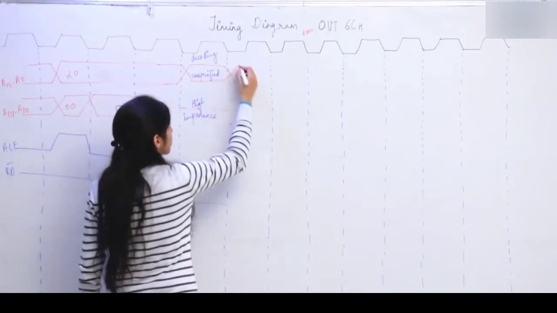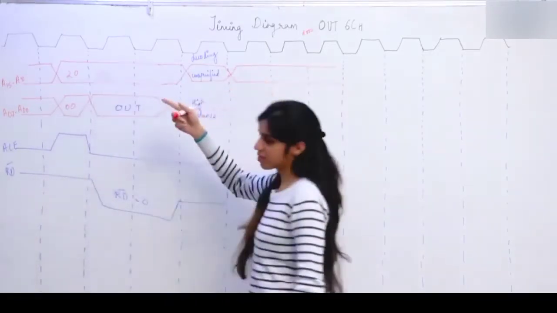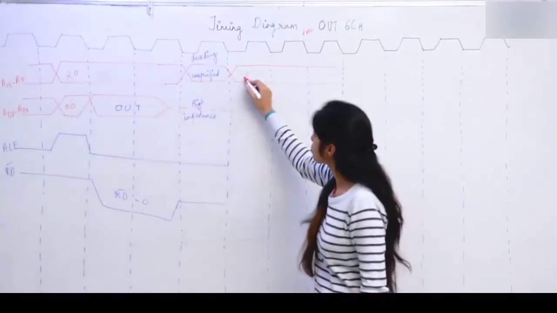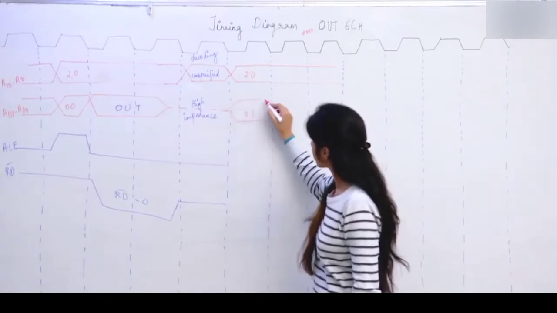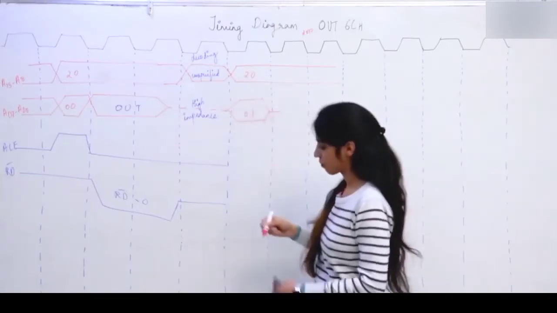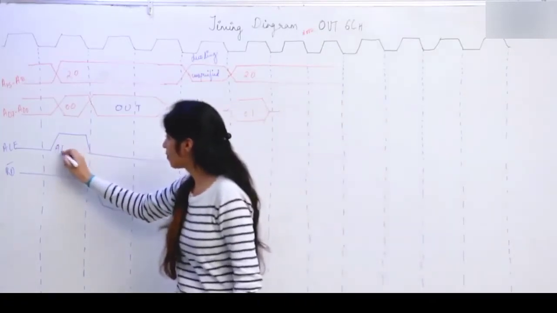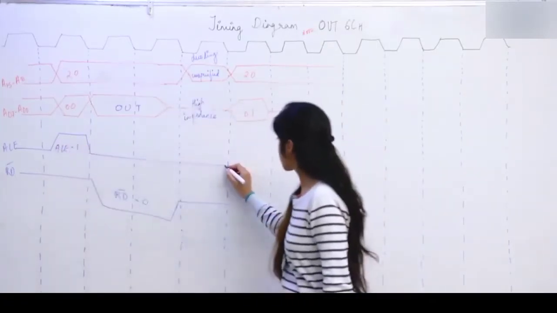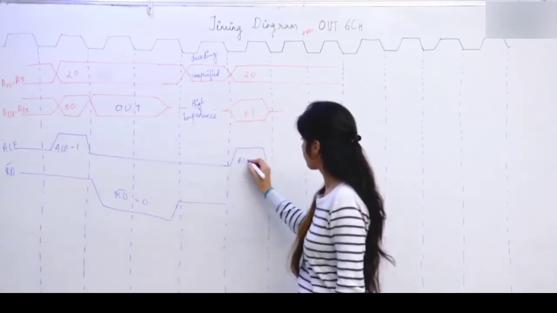Okay. So PC gets incremented, the address 2001 gets loaded. For this ALE equal to 1. For this I am going to enable the address latch.